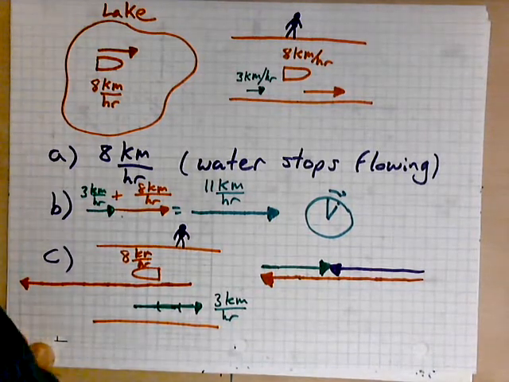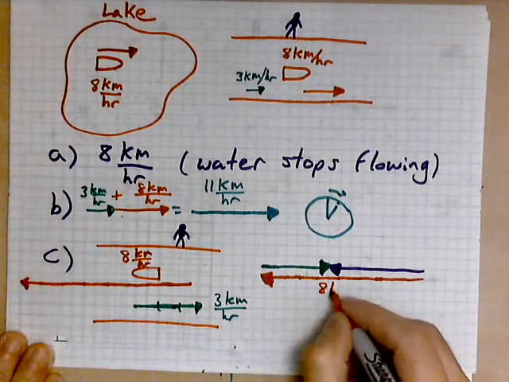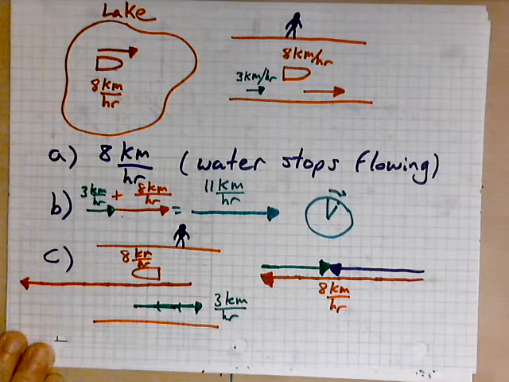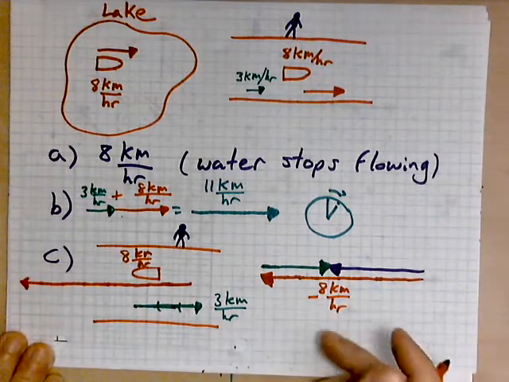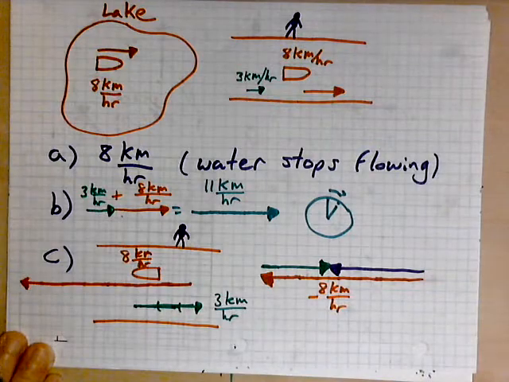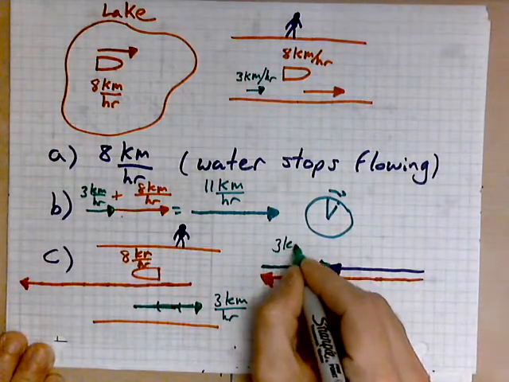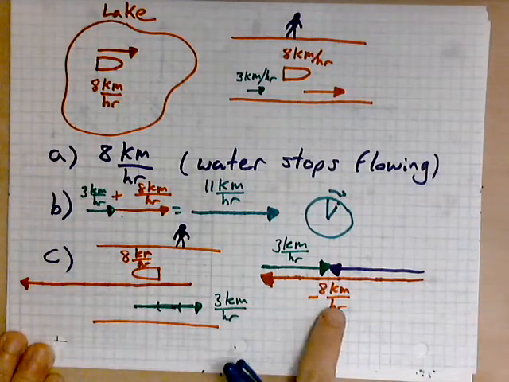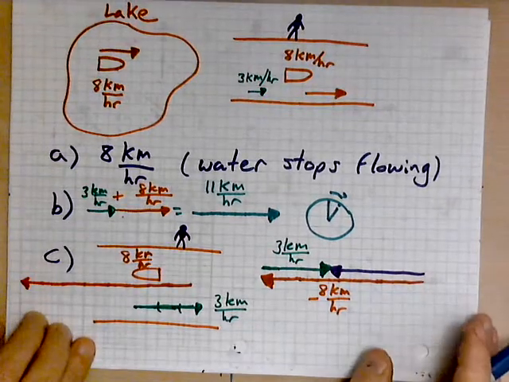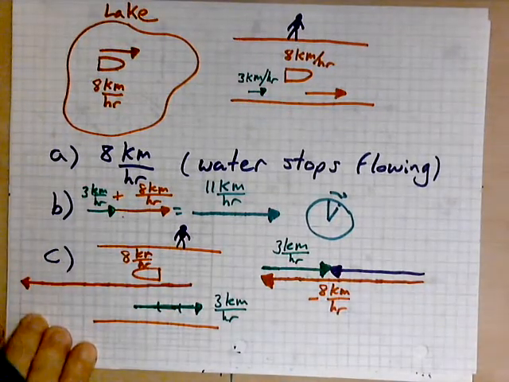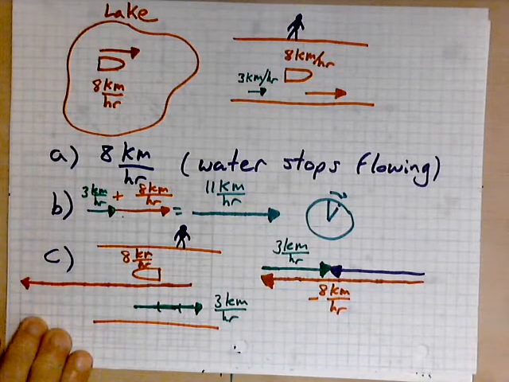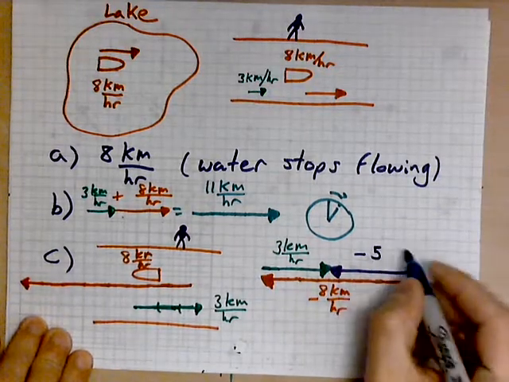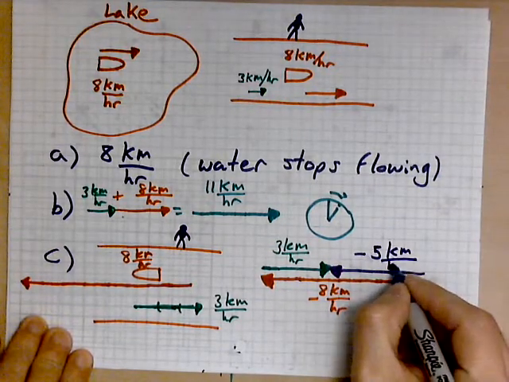Okay. So if this is 8 kilometers per hour, we will take upstream as negative. Right? So it's negative 8 kilometers per hour. Downstream we will take as positive, so that's positive 3 kilometers per hour. So when we add these two, what we obtain is the following. Negative 8 plus 3 is negative 5, so negative 5 kilometers per hour.